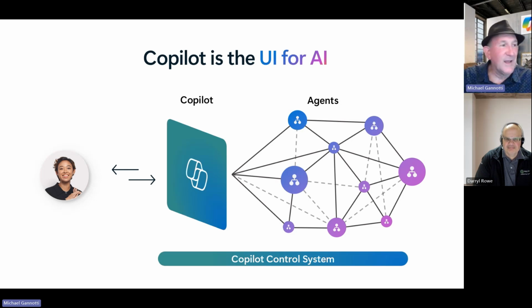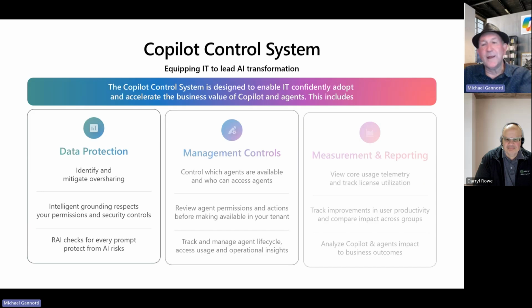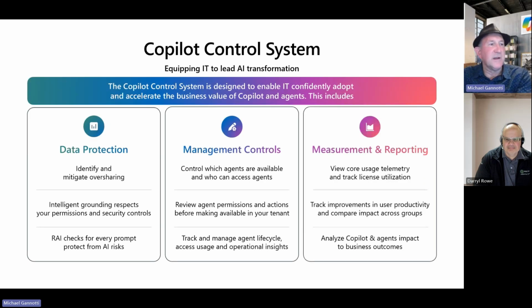But having said that, today we're going to get into the middle section here around management controls. And this is an introductory one. We're going to go a little higher level today. I'm going to show you some of the places where you can do all the work that we're going to talk about today. But then we're going to dive into specifics following this one, where we get into SharePoint, agents and SharePoint controls. If you're doing Agent Builder, if you're doing Copilot Studio, etc., we'll get into all that.